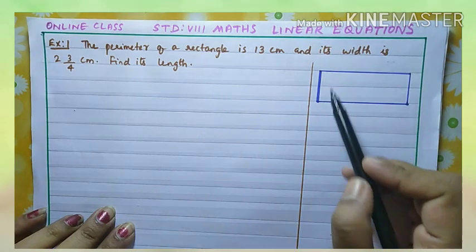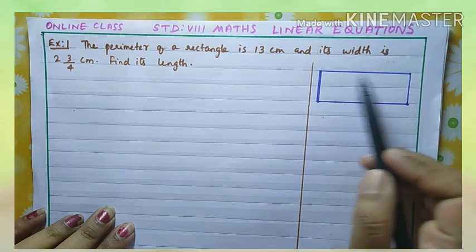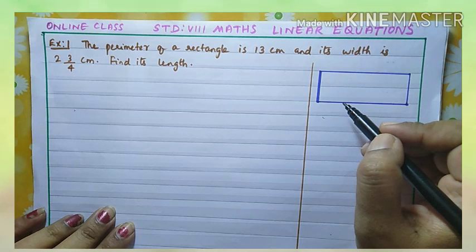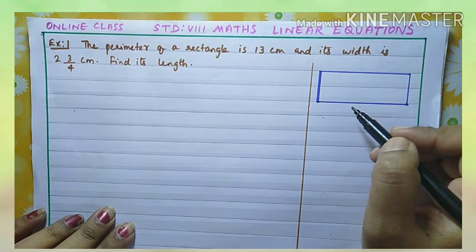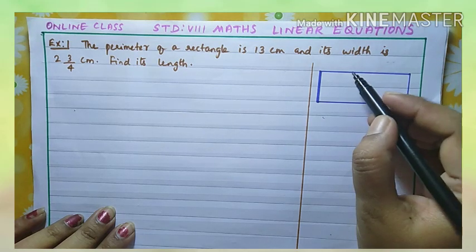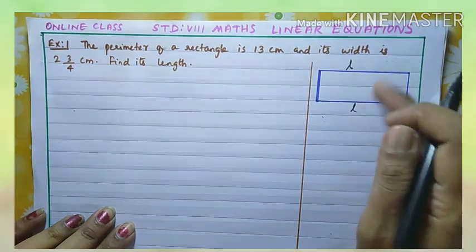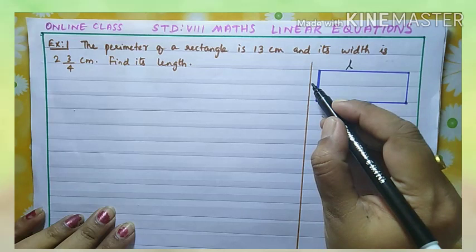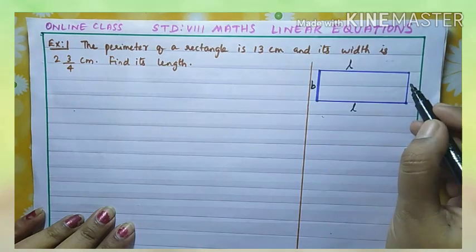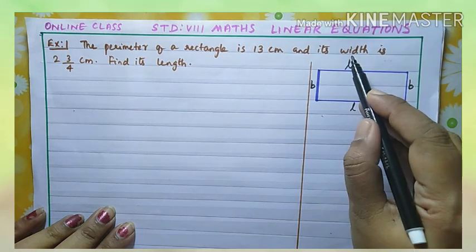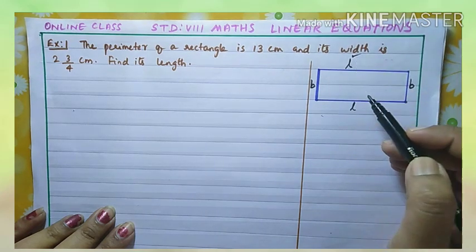You see here a rough diagram of a rectangle, and in a rectangle the property is that opposite sides are equal. Here this is the length, and these two sides are the breadth, which is also called width. So width means breadth.